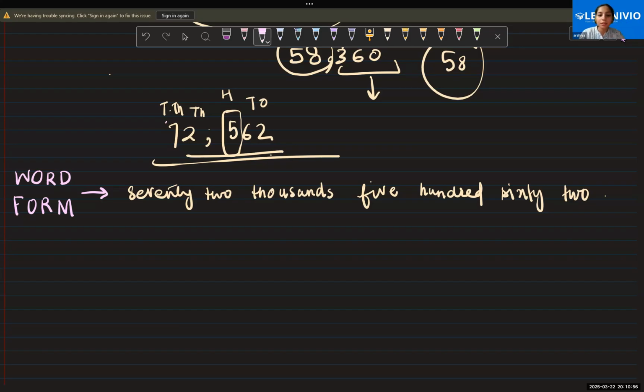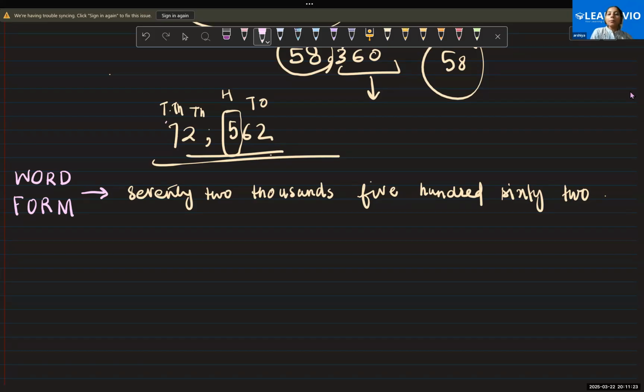Then now we will do the expanded form. Just give me 1 second. All right. Now the expanded form is also very easy.